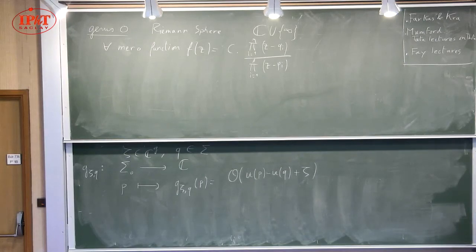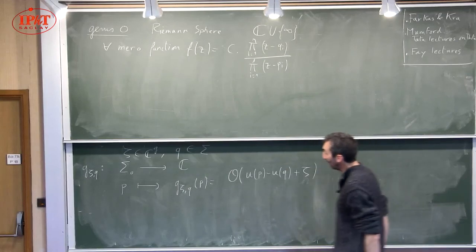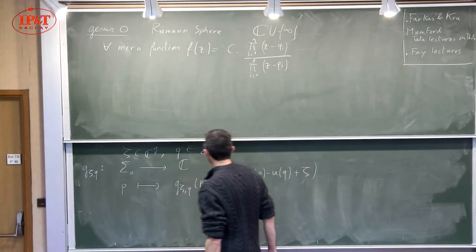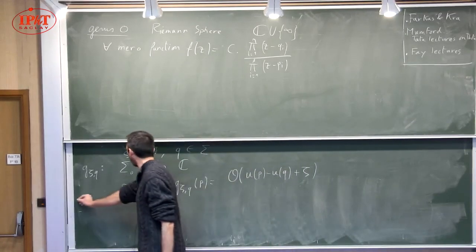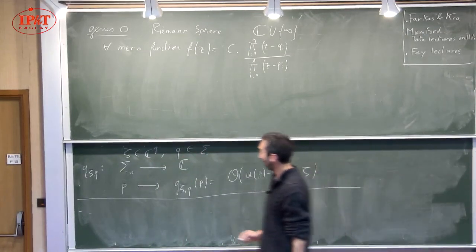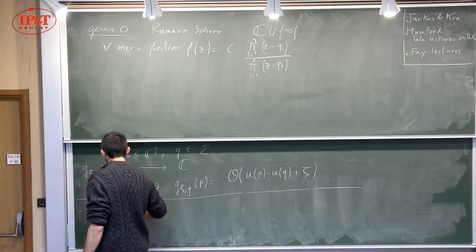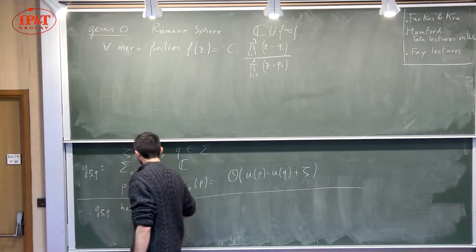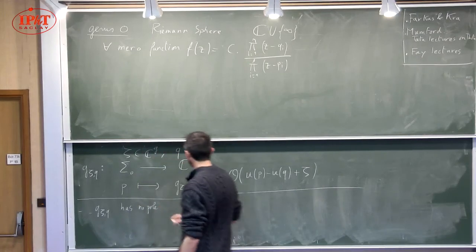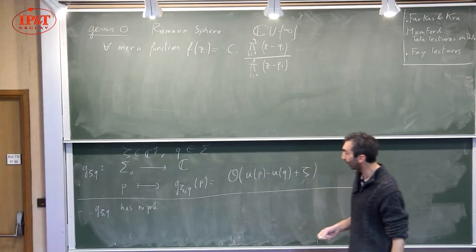Well, how many zeros? First, as I said, this has no pole. g zeta Q has no pole. Since it's just the theta function, it is discontinuous along A cycles.